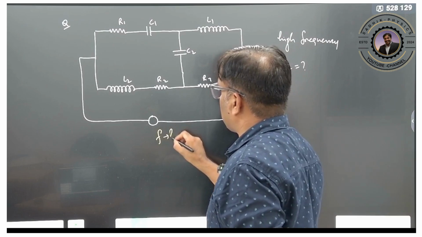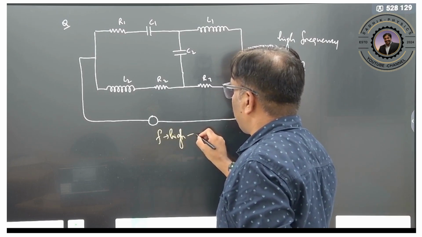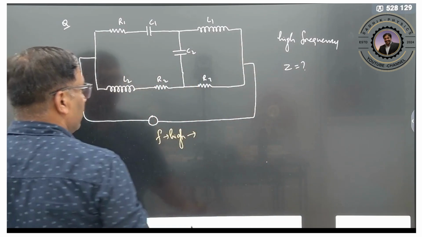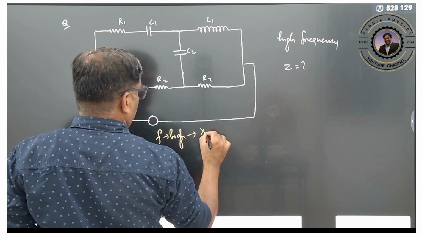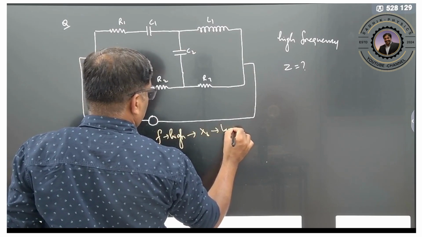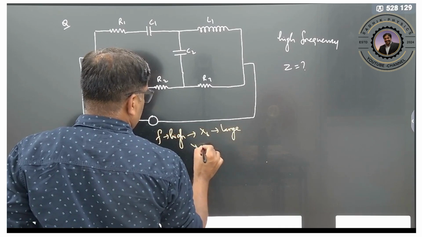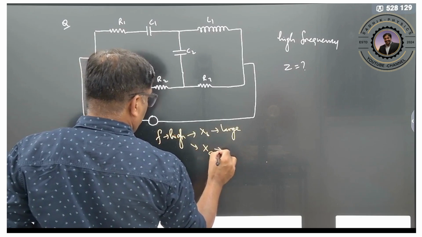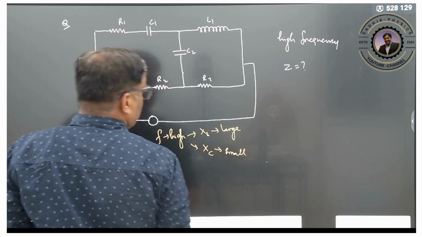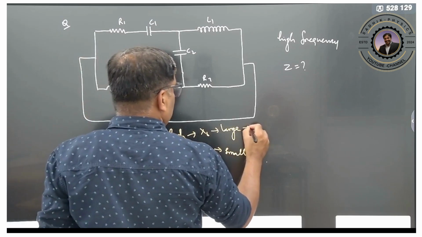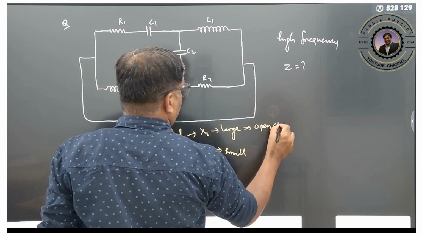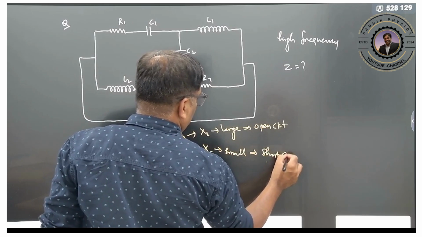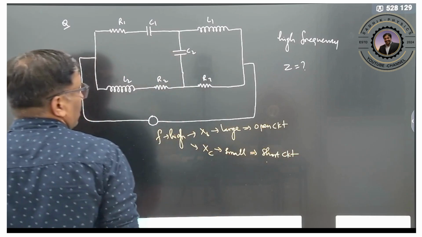You should remember that at higher frequency, XL will be large and XC will be small. So when XL is larger, this will act like an open circuit, and XC is small, therefore we can call it a short circuit. Clear?